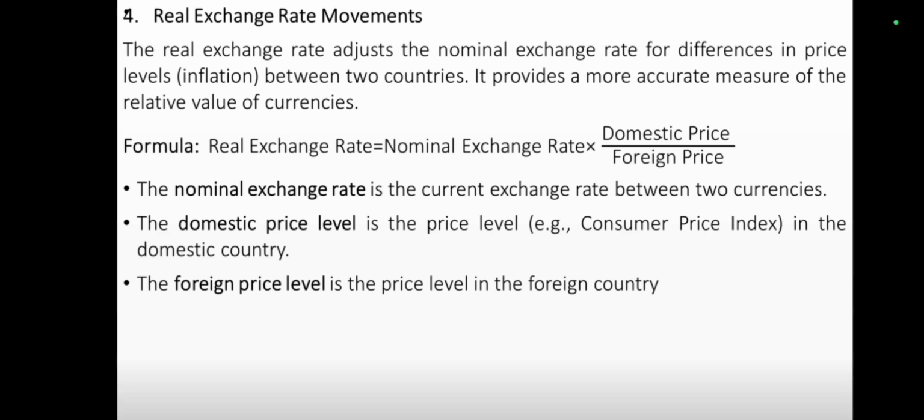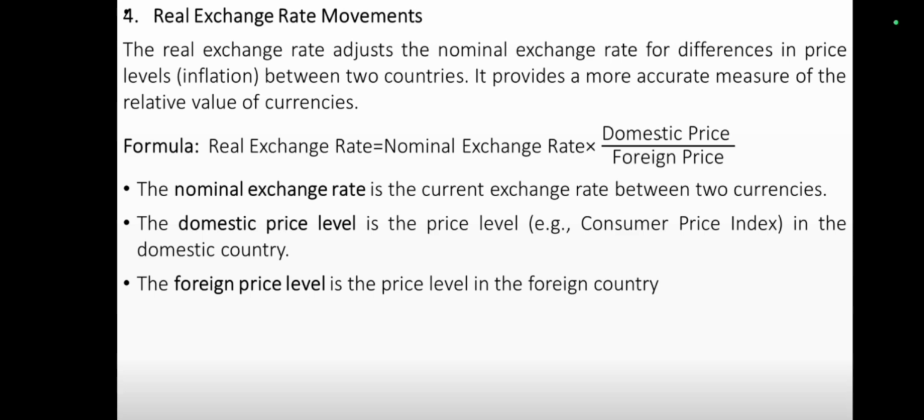If inflation is not considered, we are not going to get the exact exchange rate value. When you consider inflation, that is the real exchange rate, and we can get an accurate measure of the value of the currency.